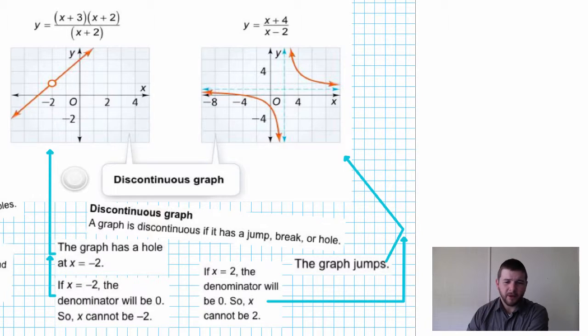The graph has a hole at x equals negative 2. Seems like we already discussed that. And if x equals negative 2, the denominator will be 0, so x cannot be negative 2. Seems like we already discussed that as well. Good to repeat things. Good to make sure you have a good understanding.